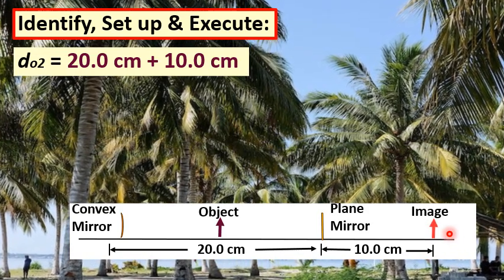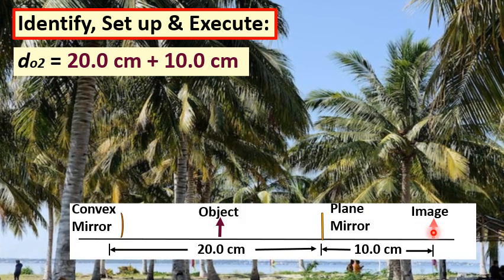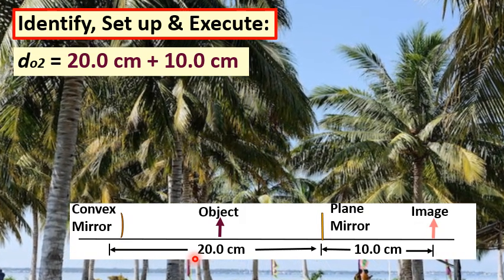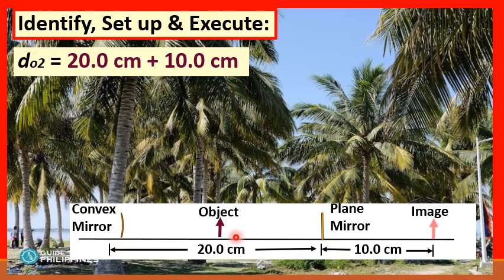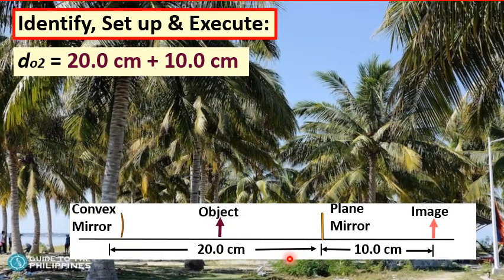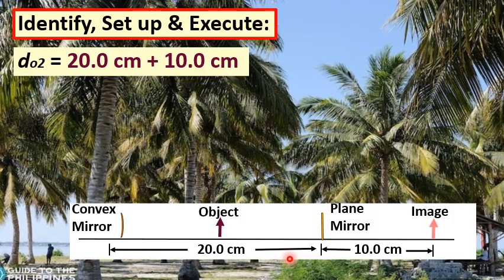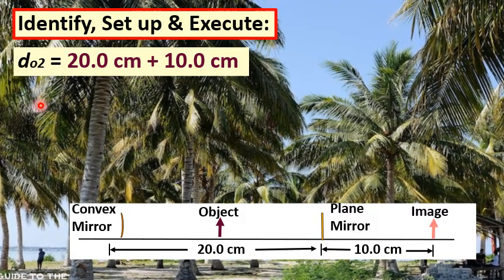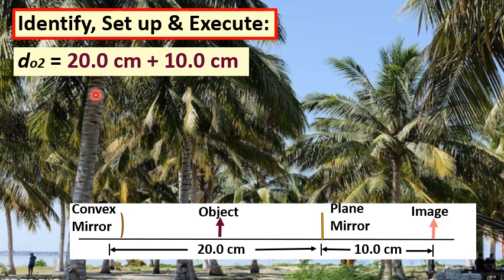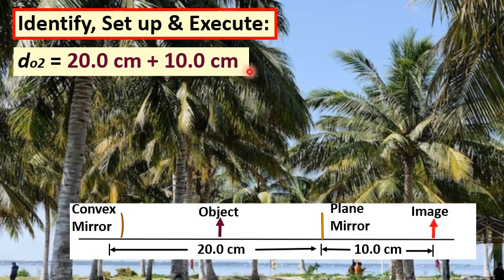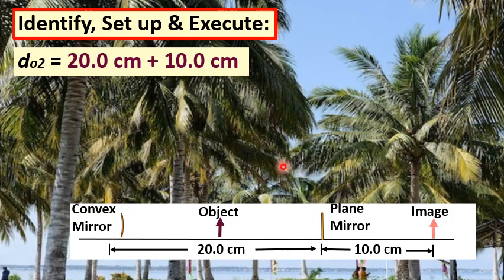So this image formed by the plane mirror becomes the second object with respect to the convex mirror, right? And this is equal to 20 centimeters plus 10.0 centimeters, right?